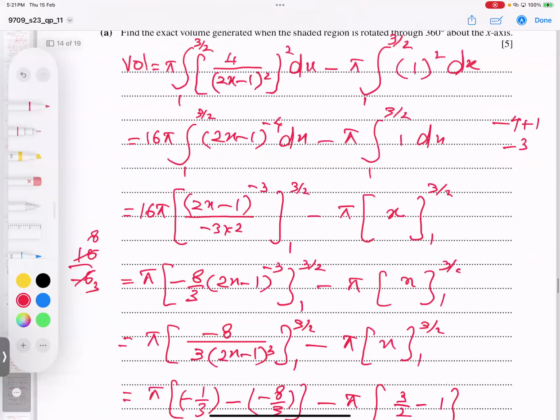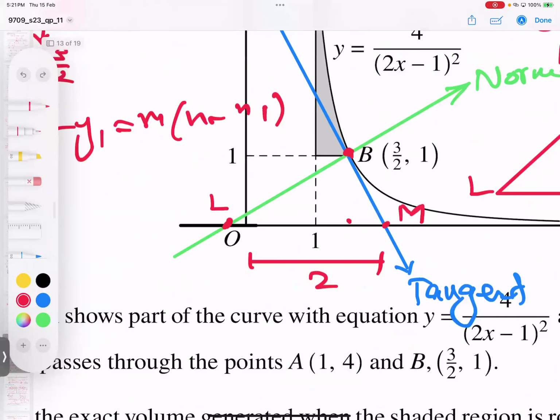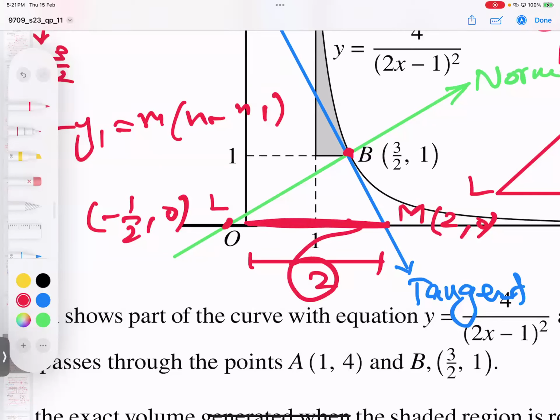Let's start now. First of all, I show the diagram. What is this gap from here till here? You say the gap is 2. How? This O to M, starting from origin, because the M coordinate is (2, 0) and the L coordinate is (negative half, 0). So can I say this gap from O to M is 2? Yes, 100% 2. And what is the small gap from the origin till the green line L?